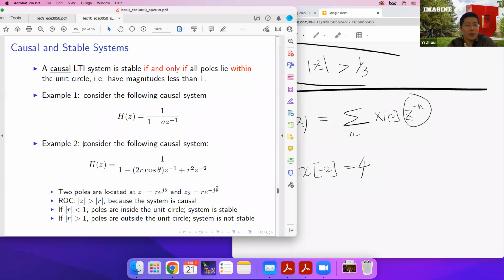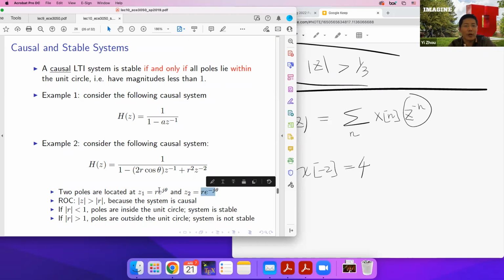So for example, we can look at example 2. Now suppose the following system is a causal system. So let's discuss the stability of this system. Now, first of all, we can identify that this system has two poles. One is r e to the power of j theta. The other is r e to the power of negative j theta.